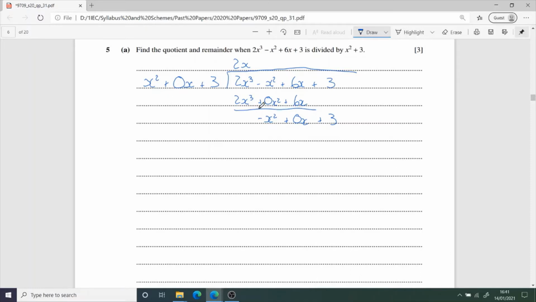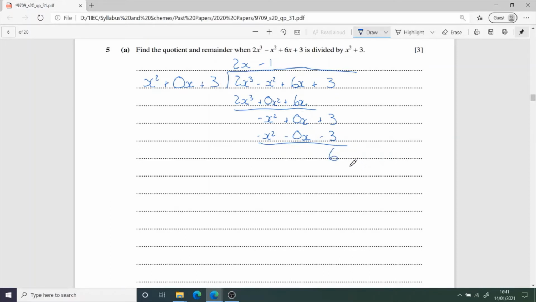Now we're going to do x squareds into minus x squareds, which is minus 1, and then we'll do minus 1 times by all of this, and we get minus x squared minus 0x minus 3. So we get nothing here, nothing here. Here we get plus 3 minus minus 3, so we get 6.